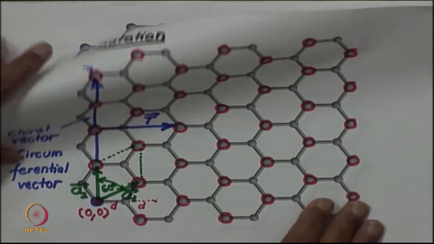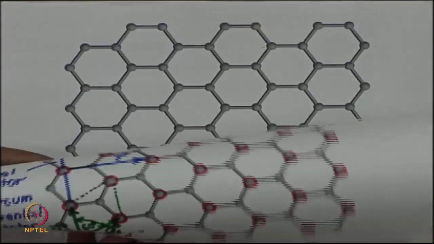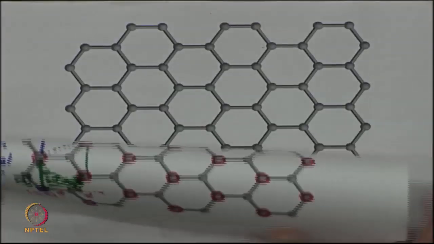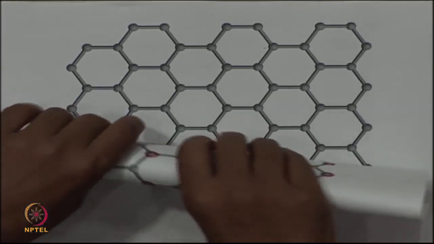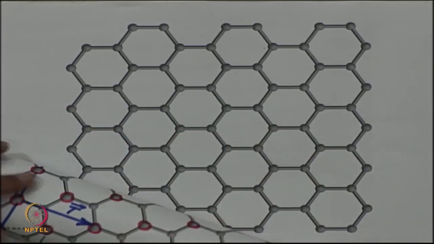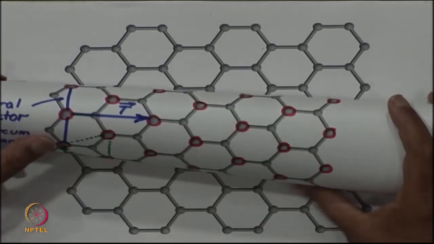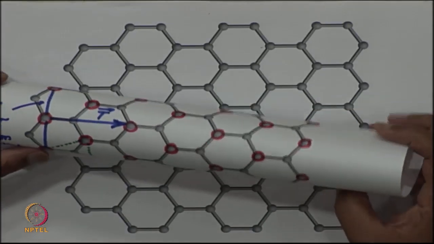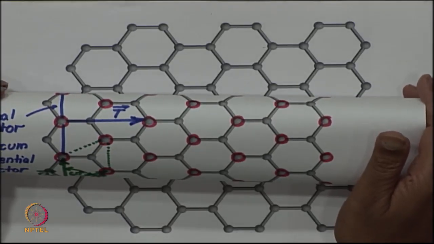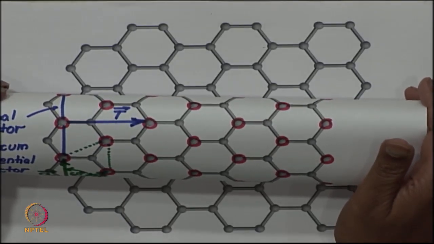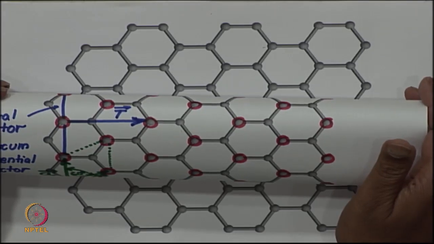So, this tube will be folded like this. The circumferential vector becomes the circumference and the vector perpendicular to the chiral vector becomes the axis of the tube.